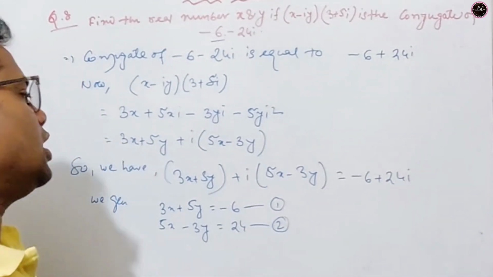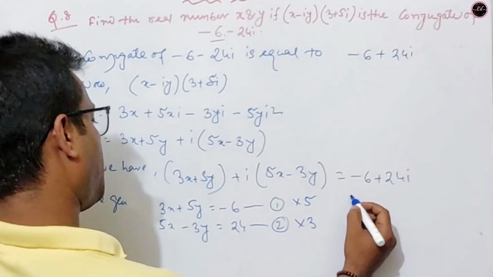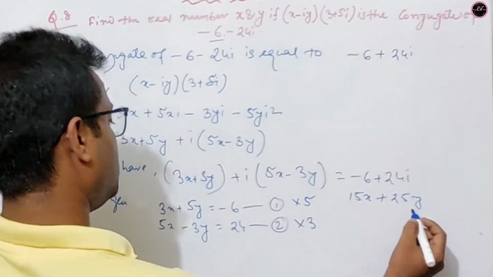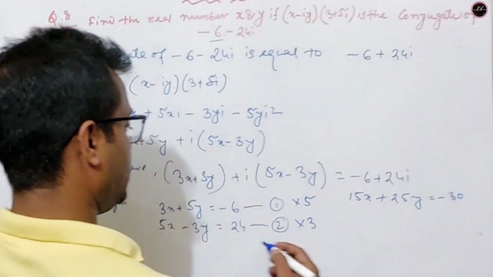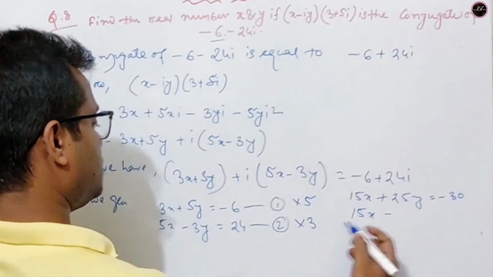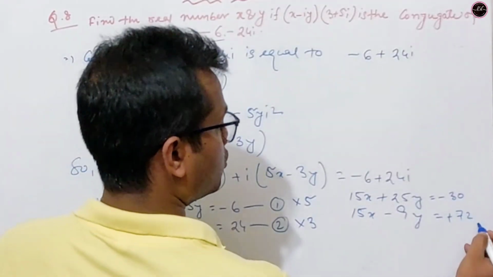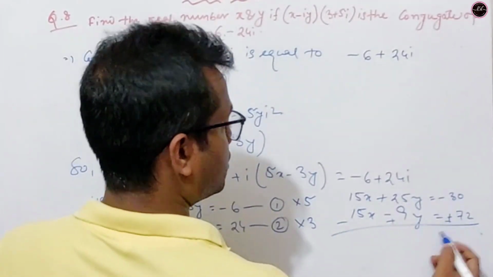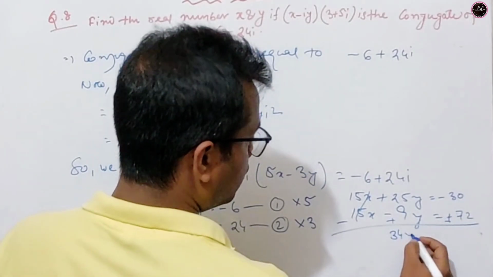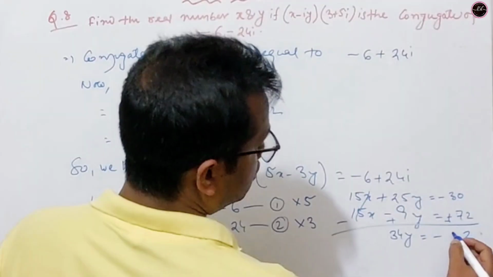Just solving this, multiplying by 5 and by 3, we get 15x plus 25y equal to minus 30, and 15x minus 9y equal to 72. Subtracting, the 15x will be cancelled, and here 34y equal to minus 102.